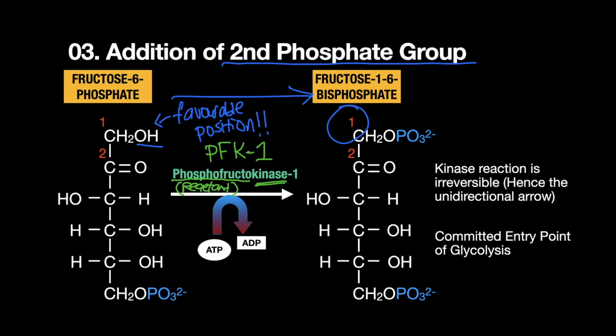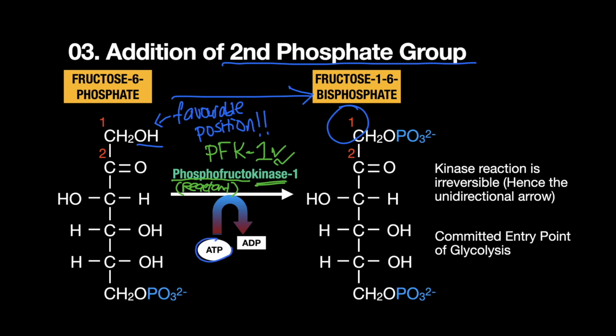Now it suddenly becomes clear and it all makes sense, right? Why we need step 2. Simply put, we need step 2 to prepare for step 3 by making sure that the OH group is attached to the first carbon so that phosphofructokinase 1 can add a phosphate group to it.